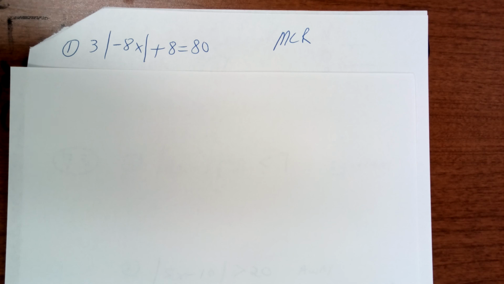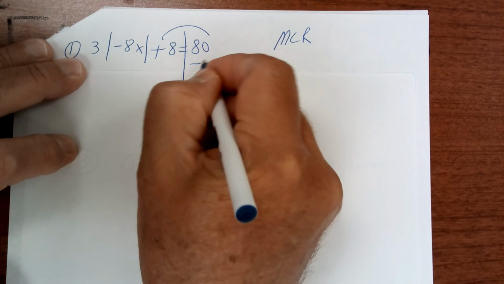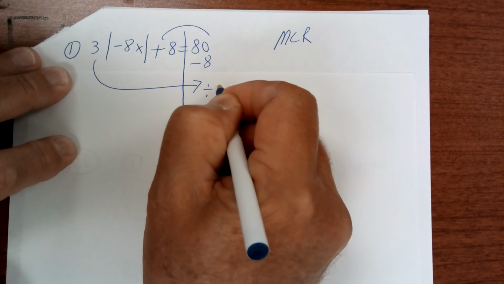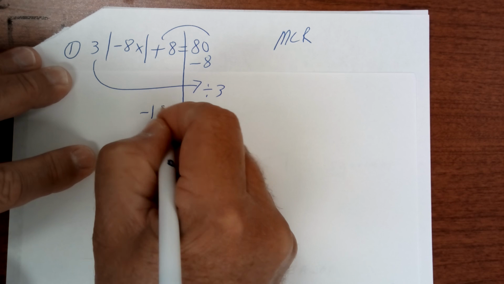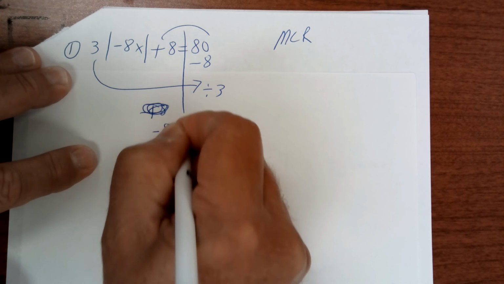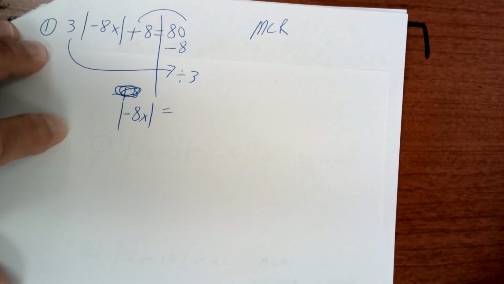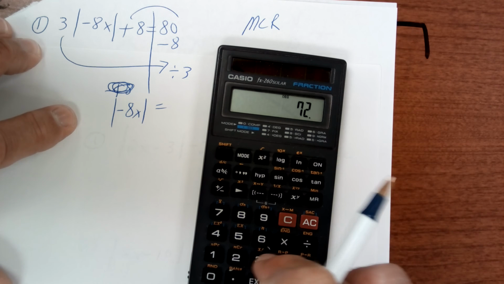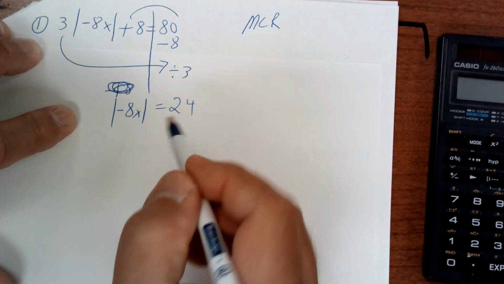Okay, so what you're going to do is first isolate this. So you're going to subtract 8 and divide by 3. So when you subtract 8 and divide by 3, you're still going to get negative 8x on this side is equal to. When you subtract 8, you get 72, I think that is, and then 72 divided by 3 is going to be 24. Now some kids are like, well, don't you change that to a positive?